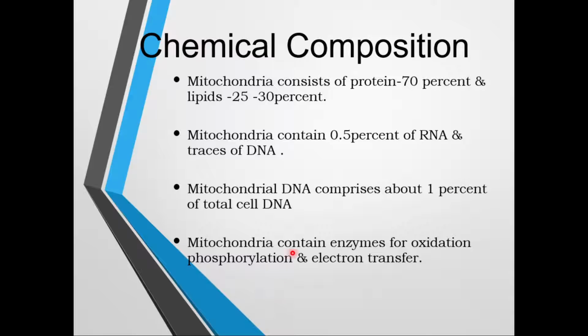Now let's see the chemical composition of mitochondria. Mitochondria consist of proteins 70% and lipids 25 to 30%.